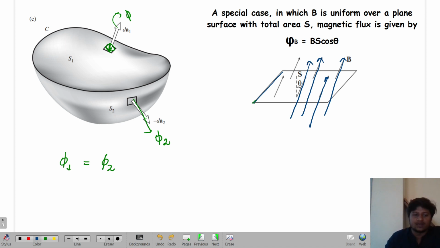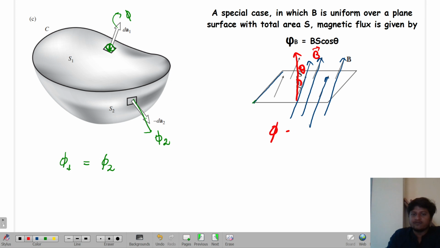Area direction is denoted by its normal, yes or no? So I will first draw the normal over here. When I have drawn the normal, I observe that this magnetic field is making angle theta.